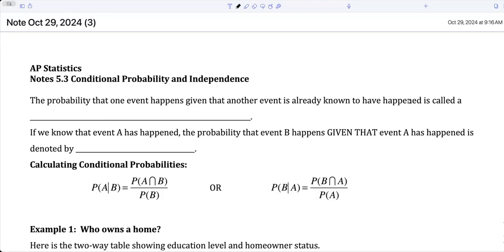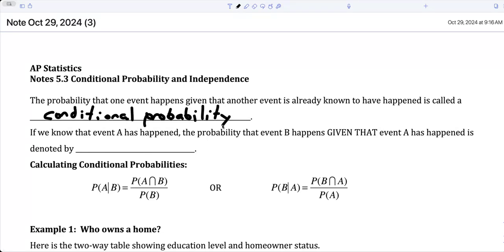So we are going to do conditional probability today. The probability that one event happens, given that another event is already known to have happened, is called a conditional probability.